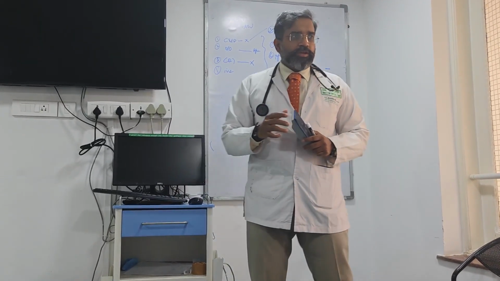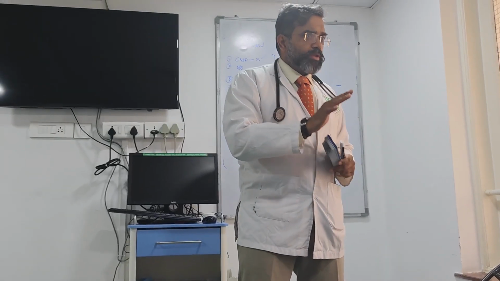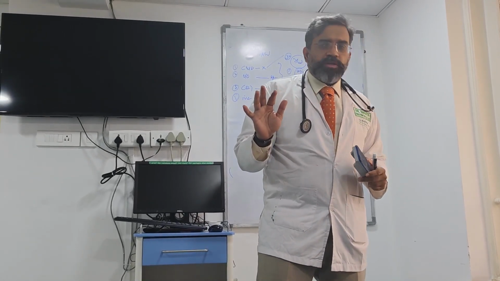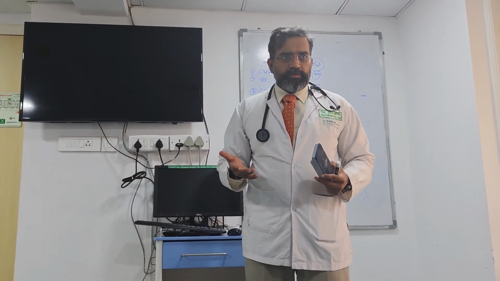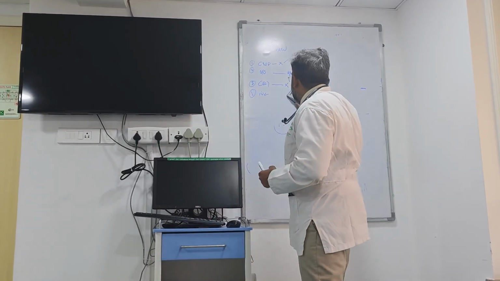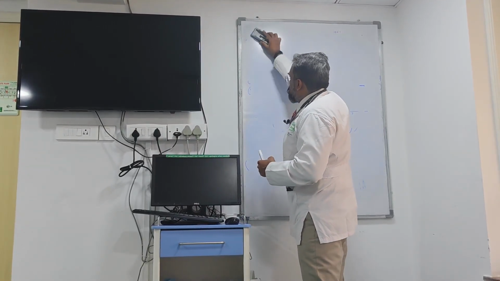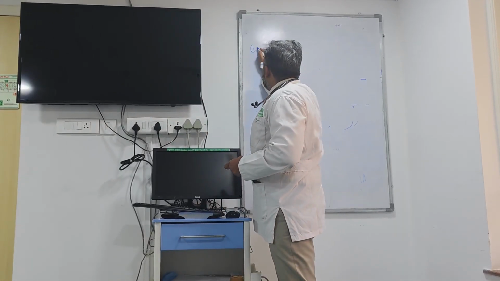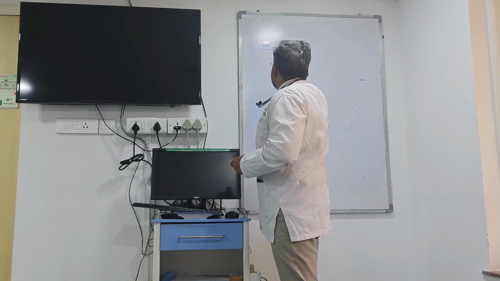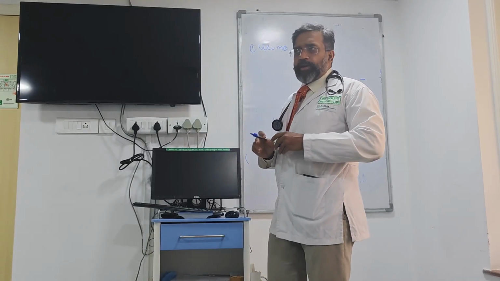The first thing you have to be very clear about is that the volume you cannot judge. The second question is when to ask whether I should give fluid. Now you know when to ask that question. So I have two things now. One is that intravascular volume status cannot be measured.